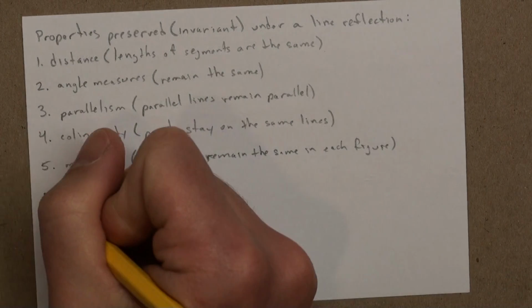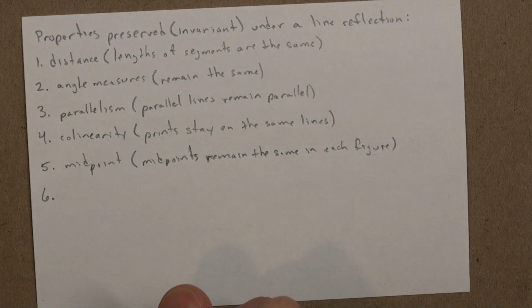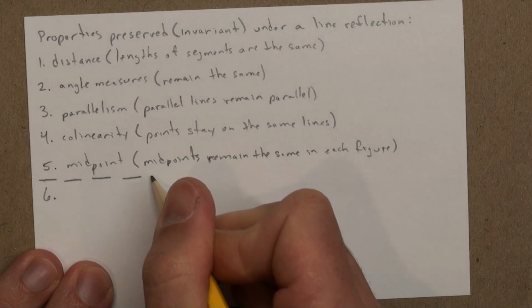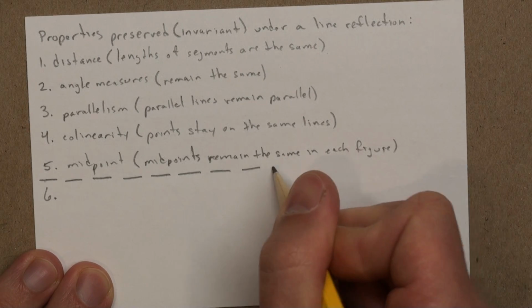And number 6, so those are the properties that did not change, right?